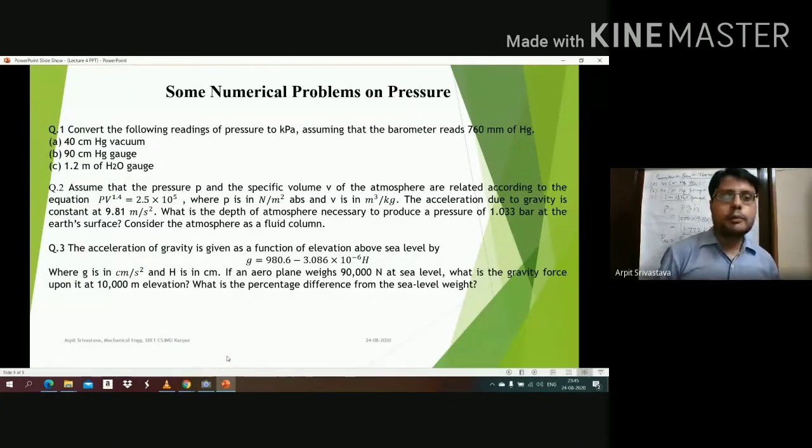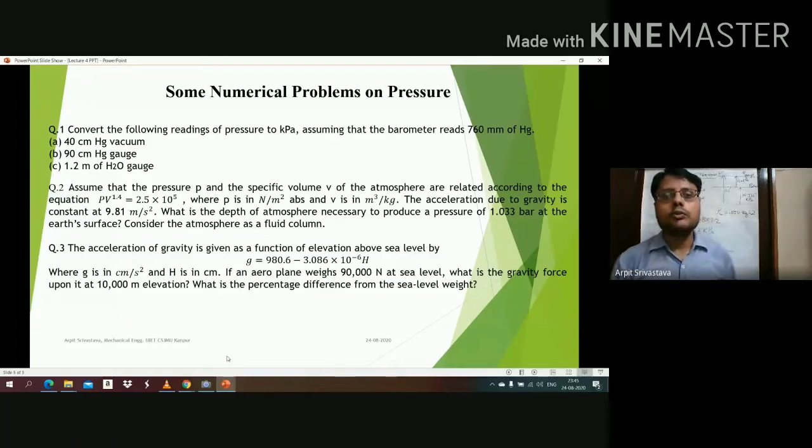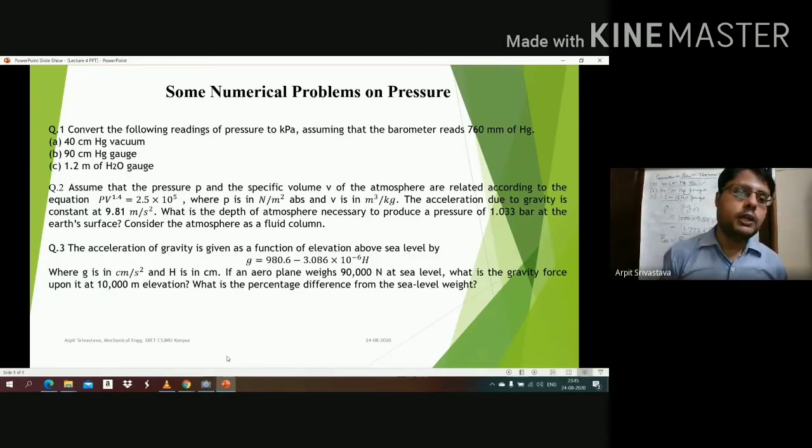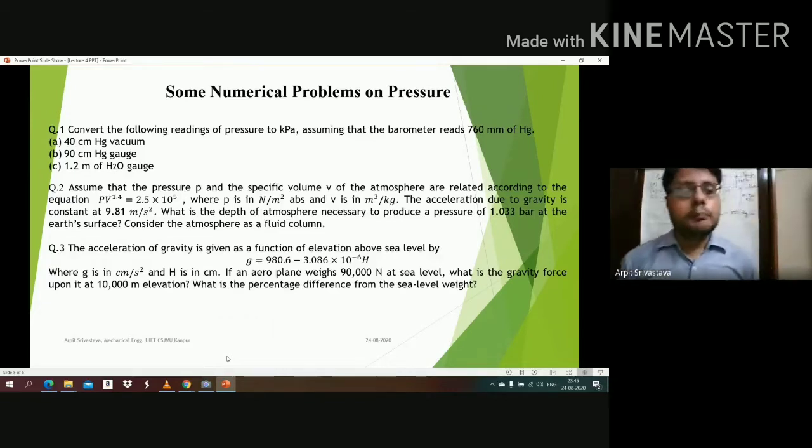Assume that the pressure P and specific volume V of the atmosphere are related according to the equation PV to the power 1.4 equals 2.5 into 10 power 5, where P is in Newton per meter square absolute and V is in meter cube per kg.